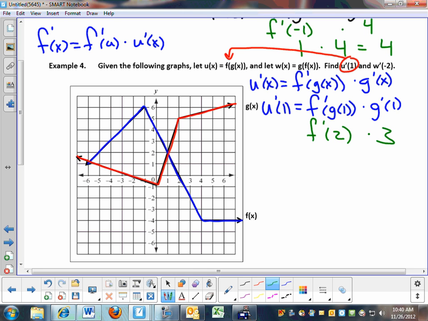So the slope of this function is negative 2 at that spot. So I have negative 2 times 3, which is negative 6. 2 is what g of 1 is equal to. If I plug in 1 to the function g, I get 2.